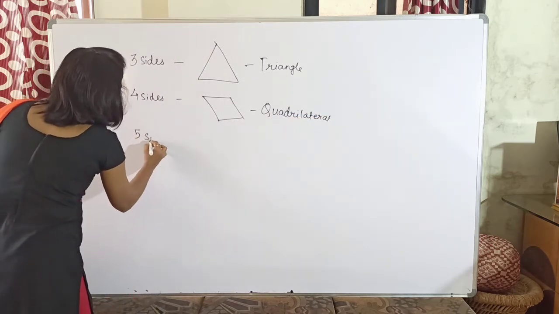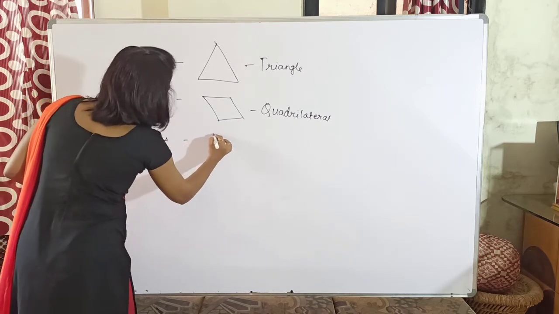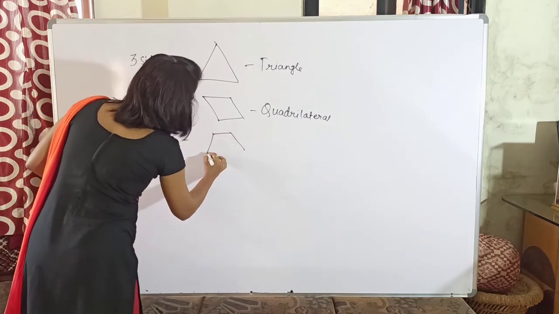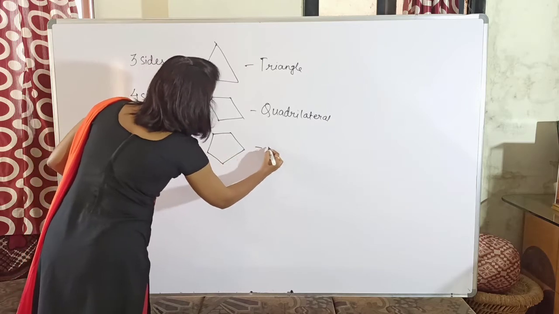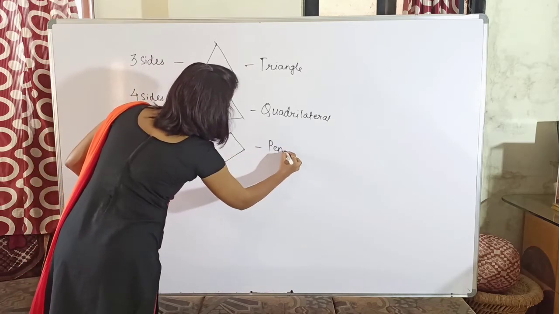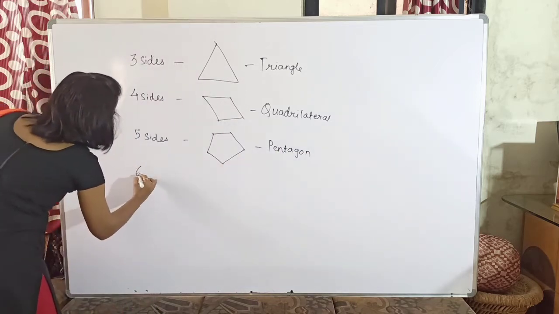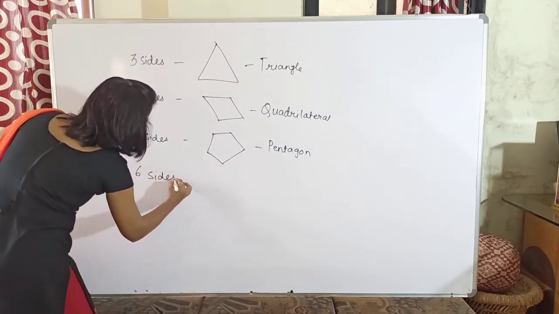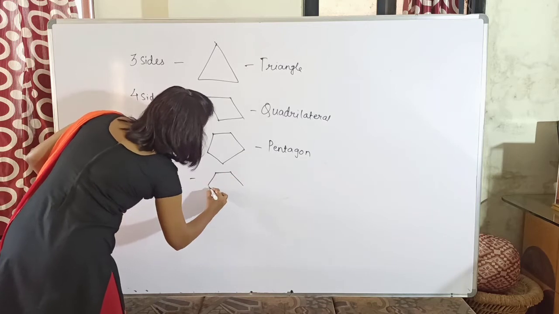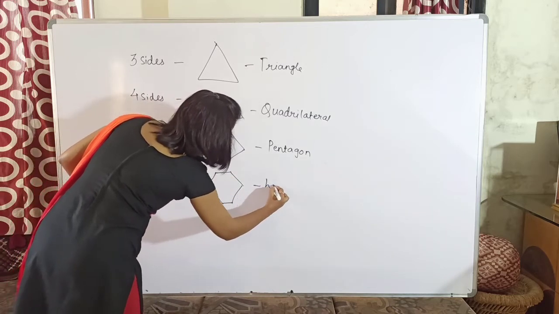A polygon with five sides, yes, 1, 2, 3, 4 and 5, is called a pentagon. Polygon with six sides, hexagon.